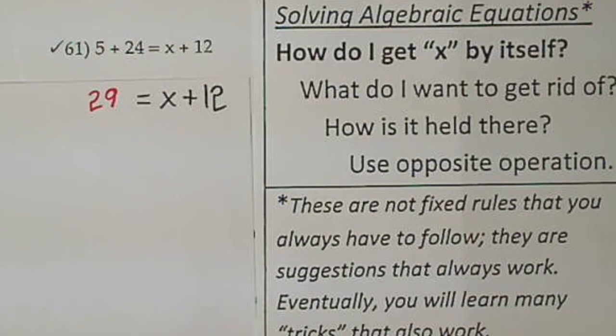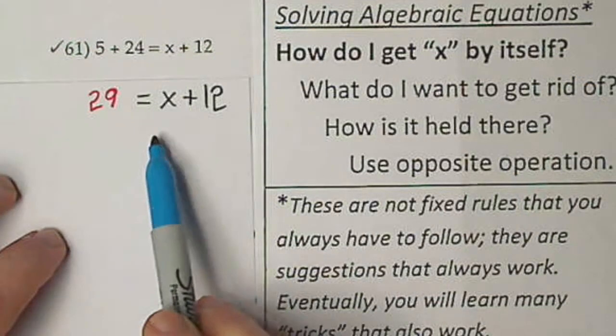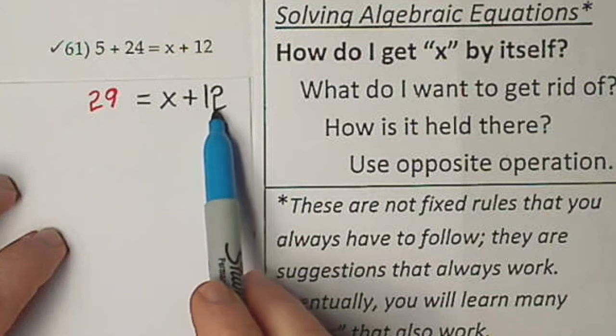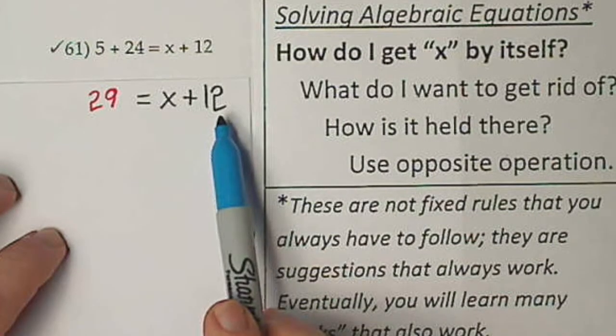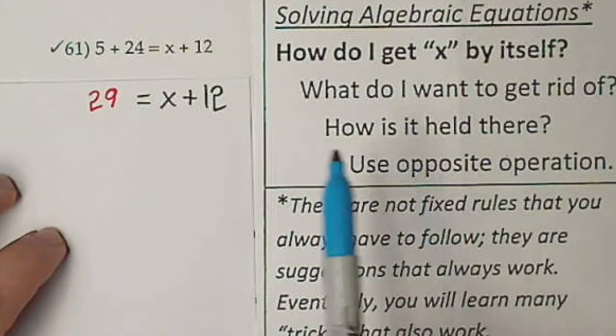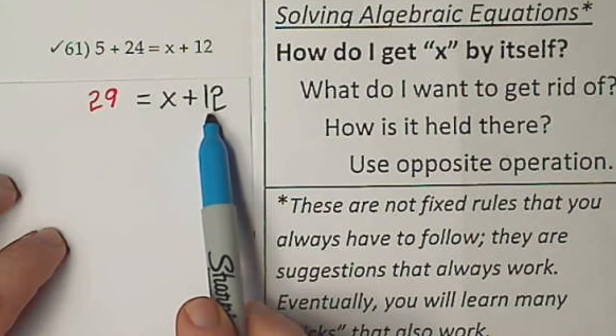Now I'm back to referring to this procedure. I still want to get x by itself, which means I want to get rid of that positive 12. So what do I want to get rid of? Positive 12. How is it held there? It's held there by addition or subtraction, which is to say it's not multiplication, it's not division.